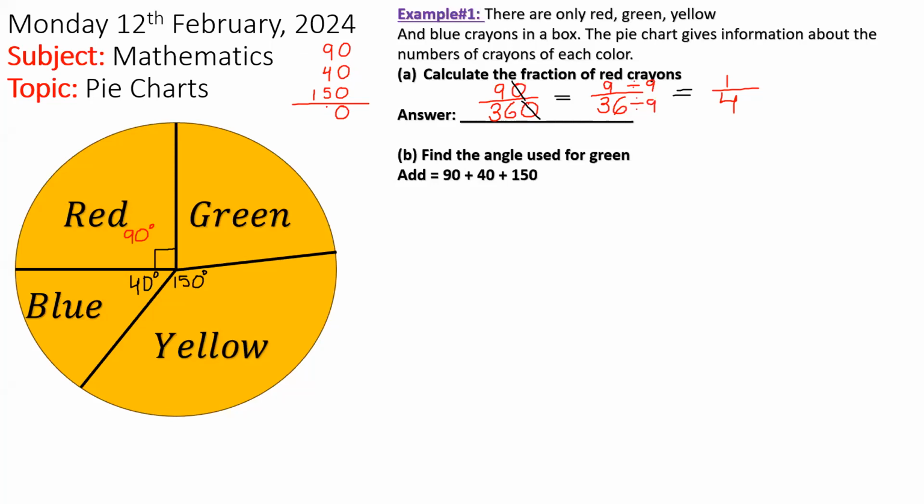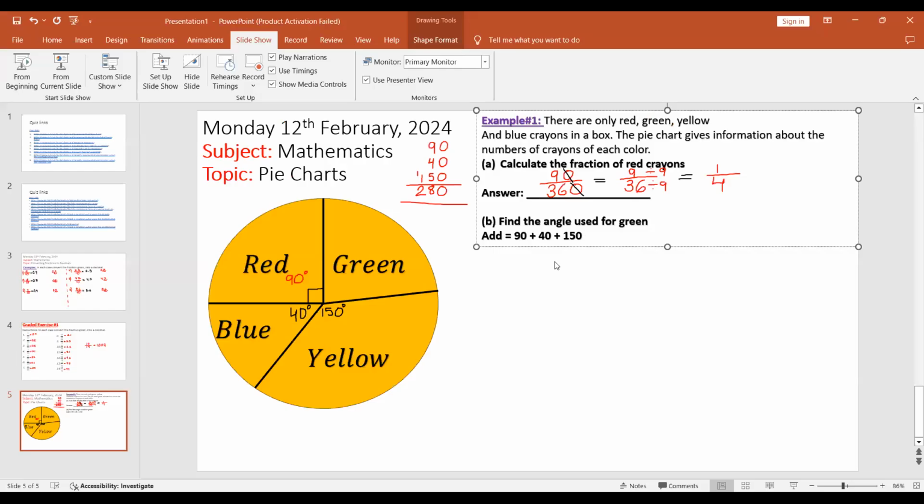So we put the 8 down and we put the 1 above. 1 plus 1 is 2. Good. So the answer is going to be 280.